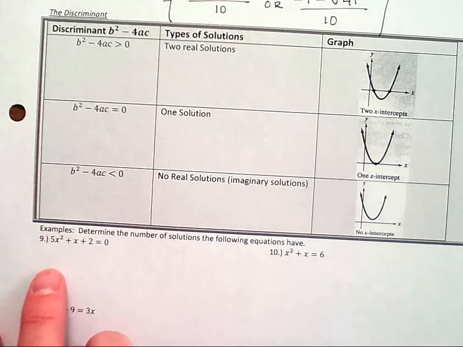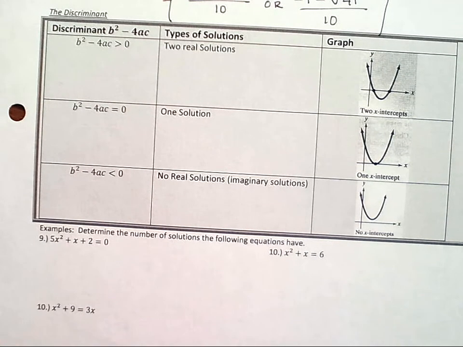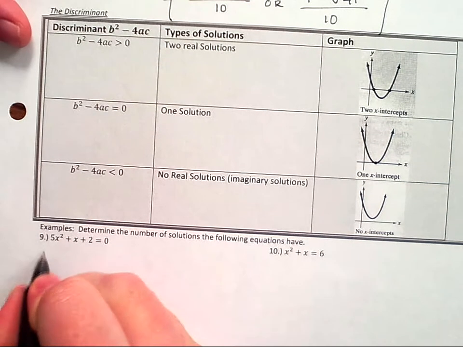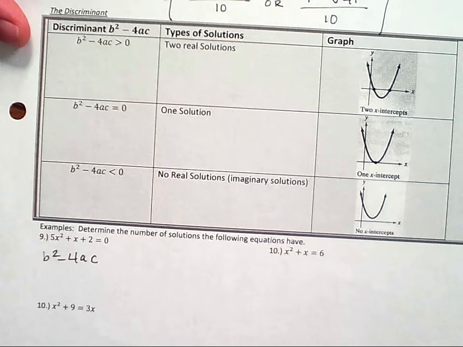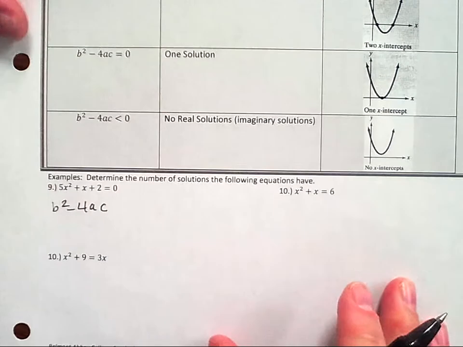Yeah? Okay, so here we have determine the number of solutions. I think you will have some homework questions that say determine the number of solutions. You don't need to go through and do the whole quadratic equation. You just need to look at the discriminant, b squared minus 4ac, to determine the number of solutions.